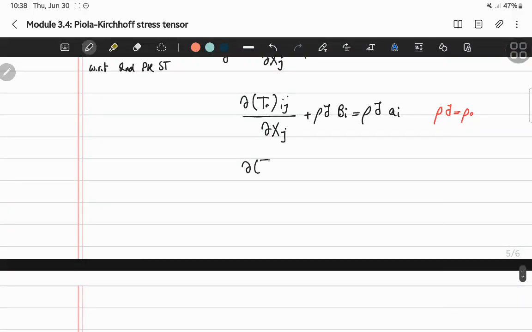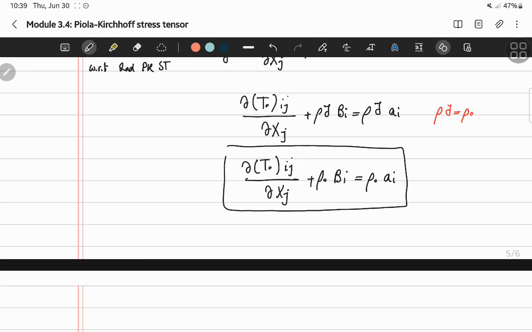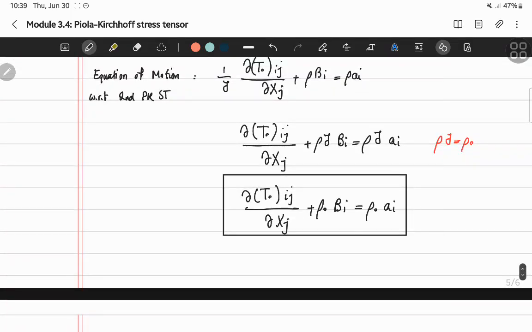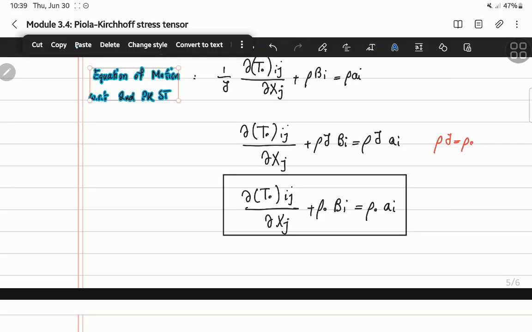So then everything will be in the reference configuration. Plus rho 0 bi is equal to rho 0 ai. And this is the equation of motion in terms of the second Piola-Kirchhoff stress tensor.